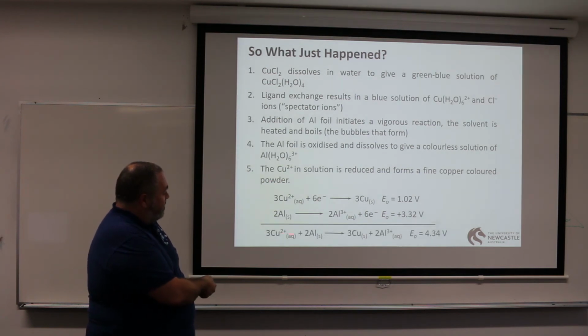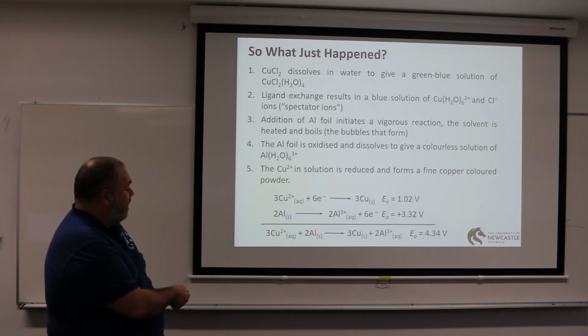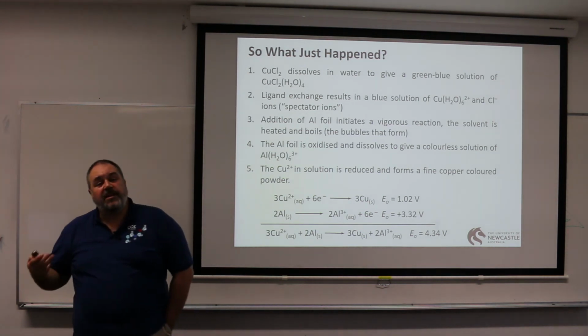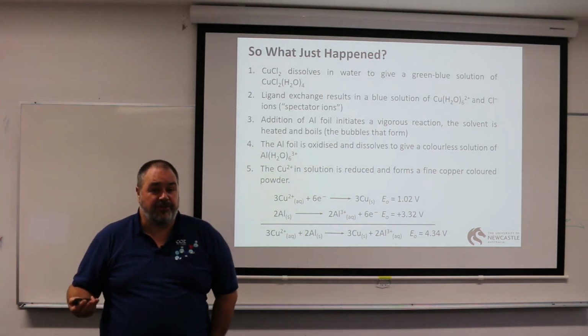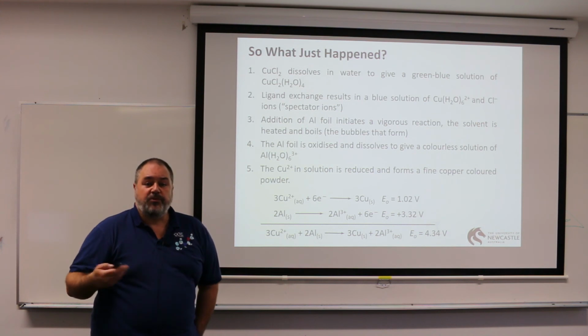Now we can simply add up the reaction. We get 3 copper 2+ ions reacting with 2 aluminium atoms to form 3 copper atoms and 2 aluminium 3+ ions in solution. That's what happened in that demonstration I showed you. It's a nice example of a redox reaction that occurs readily.